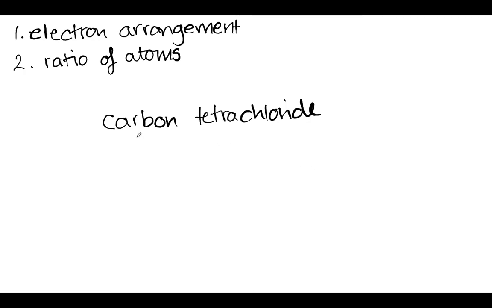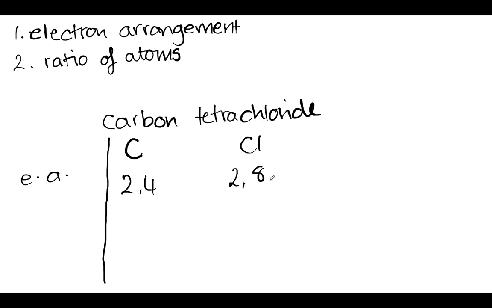Now carbon tetrachloride contains carbon and it contains chlorine. The electron arrangement for carbon is 2, 4. And the electron arrangement for chlorine is 2, 8, 7.